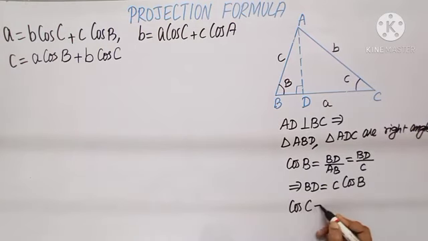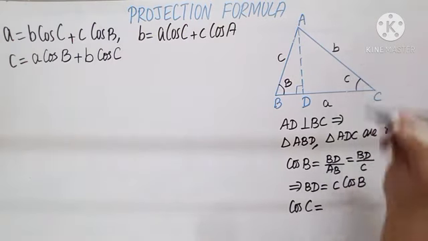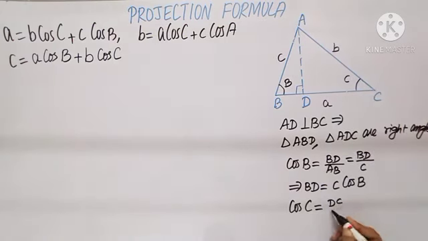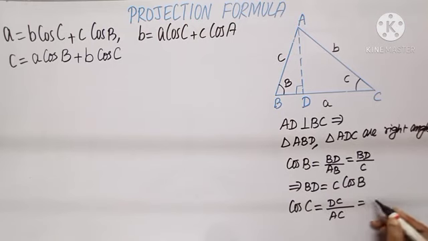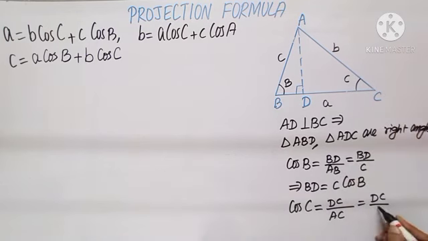What is cos C? Adjacent by hypotenuse. So I will say DC by AC. DC by AC is nothing but cos C, with AC being b. So from here, what is DC? It is b cos C.